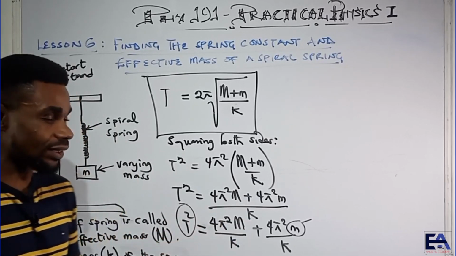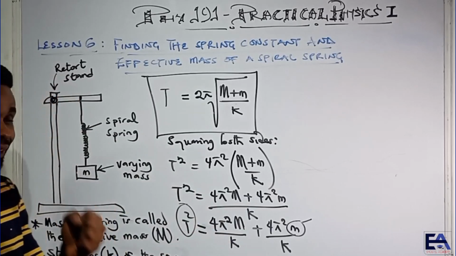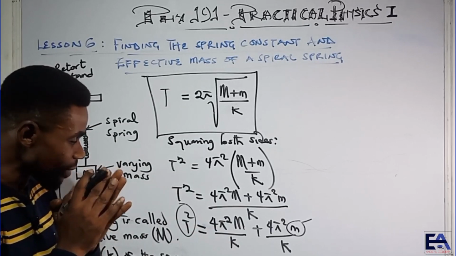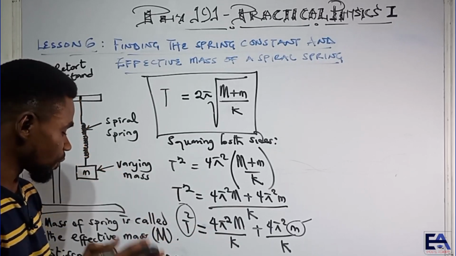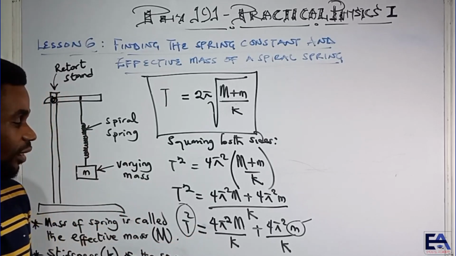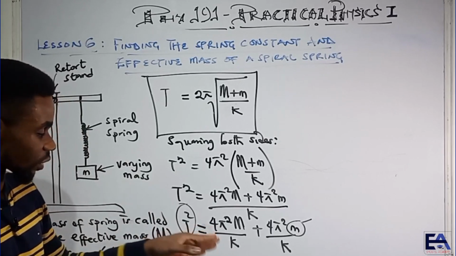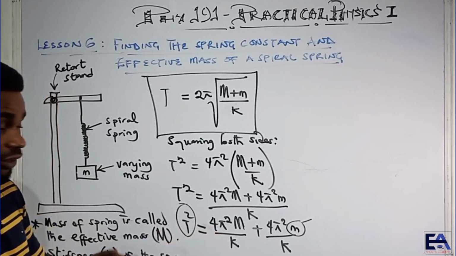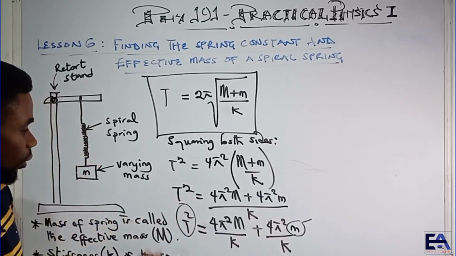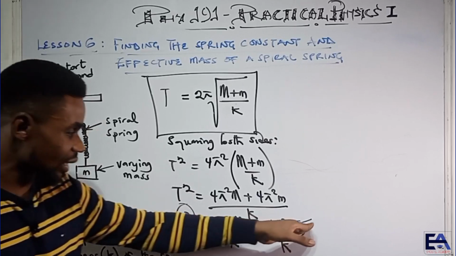It does not matter the mass that is hung on it at any given instance, it maintains the same value of stiffness, the hardness of that spring, given as k, which is a constant value as well. So this one is constant, constant, constant, constant. So the only two variables we have are t squared and m.